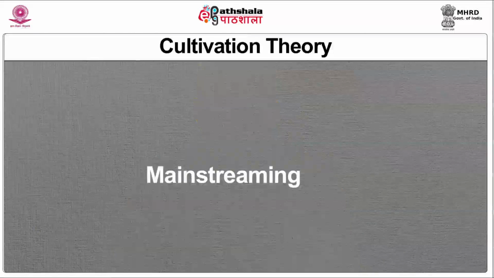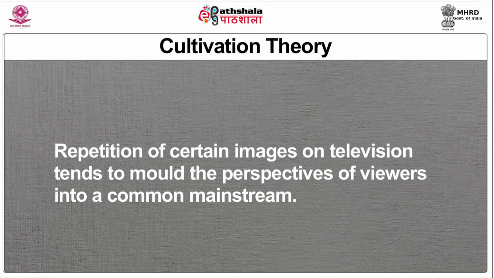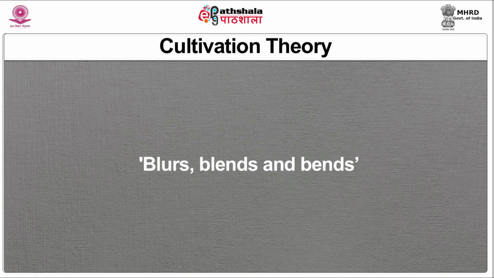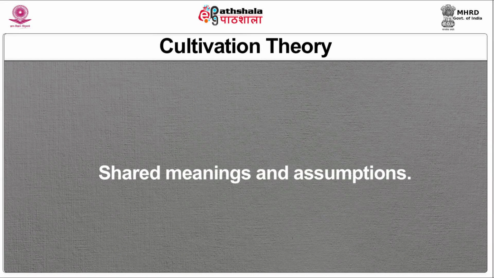A key element in cultivation theory is the concept of mainstreaming. Repetition of certain images on television tends to mold the perspectives of viewers into a common mainstream. Television blurs, blends, and bends their viewpoints into one broad range of shared meanings and assumptions.